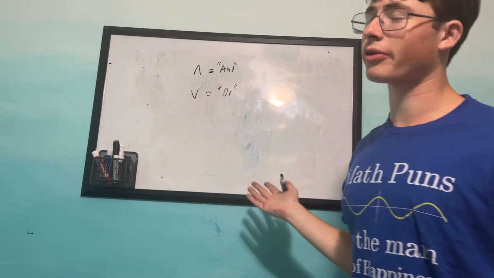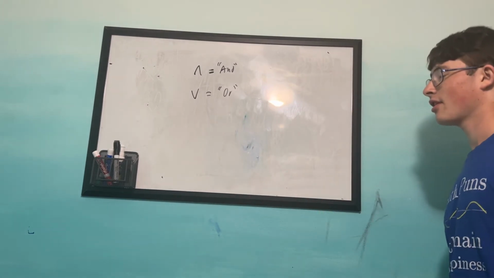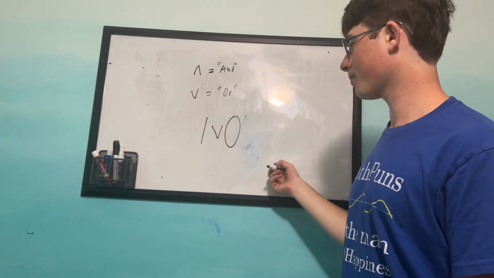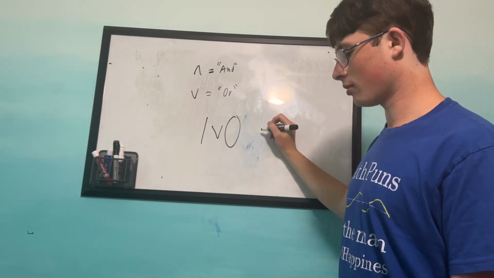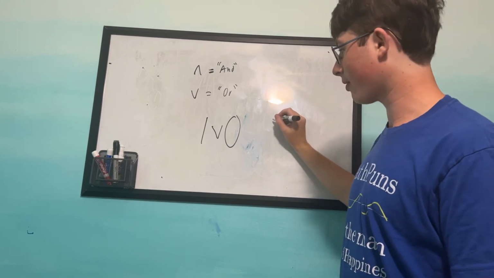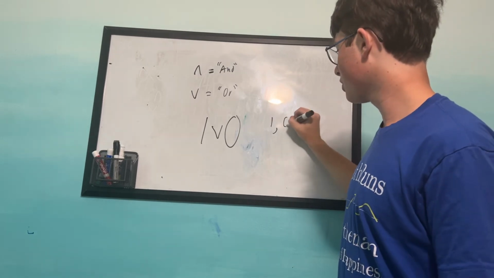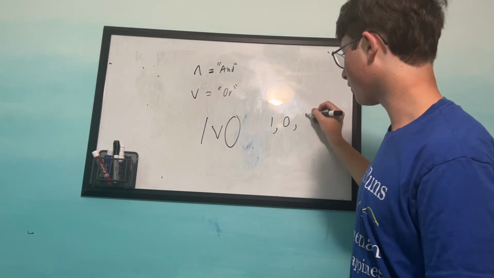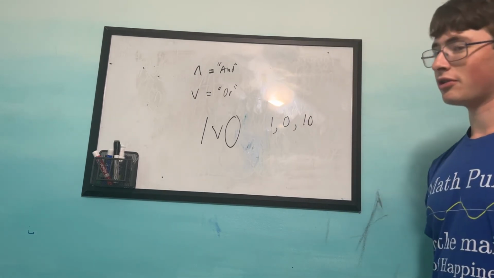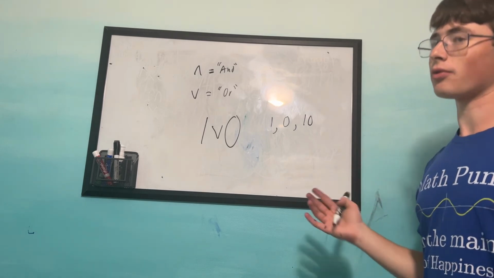However, this is an or in the standard English sense. Like if we had 1 or 0, the results that would be valid are 1, 0, or we could also have 1 and 0. It doesn't mean one or the other, it means one or the other or both of them.